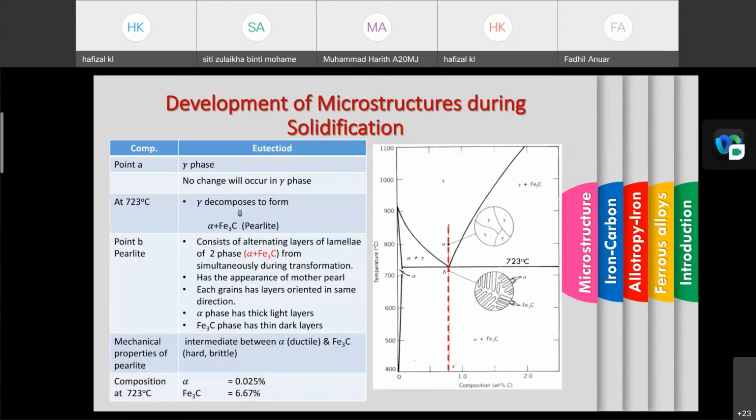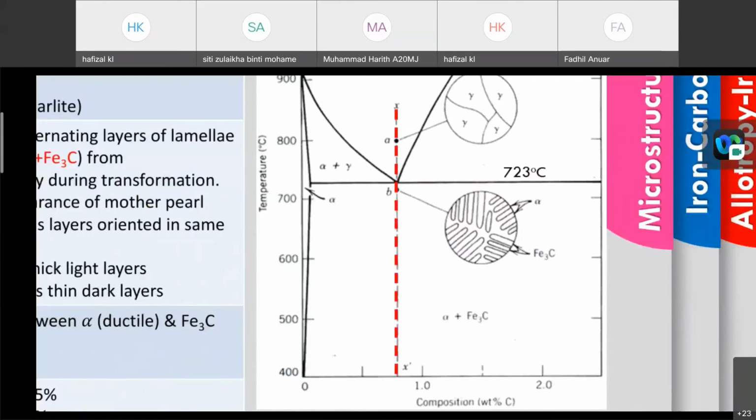So let's see the microstructure produced at the different points or different areas. In this case, we look at this carbon content of 0.8, and we make a vertical line along the way. What will happen to point A, point B, and other points related to the microstructure diagram?